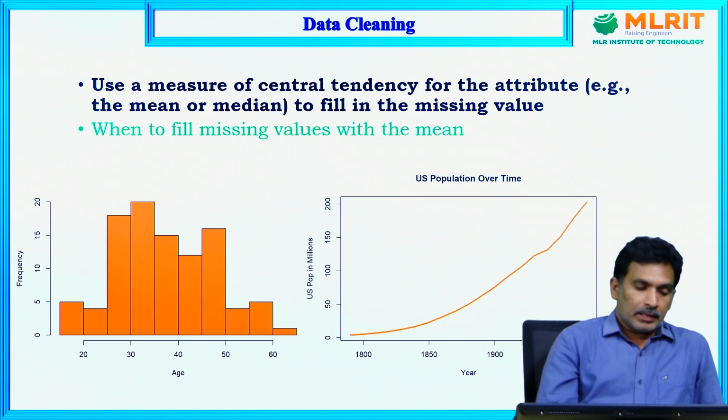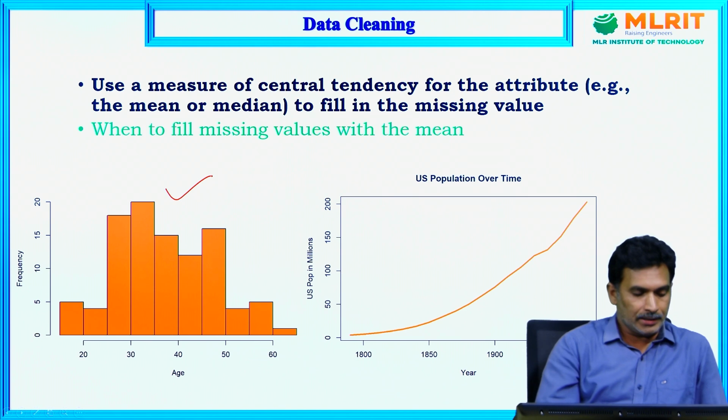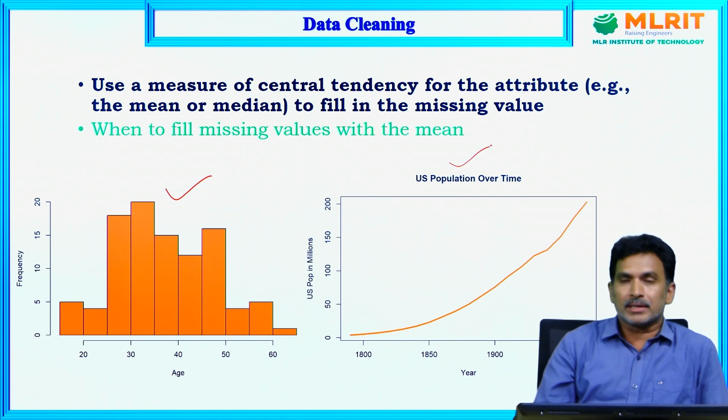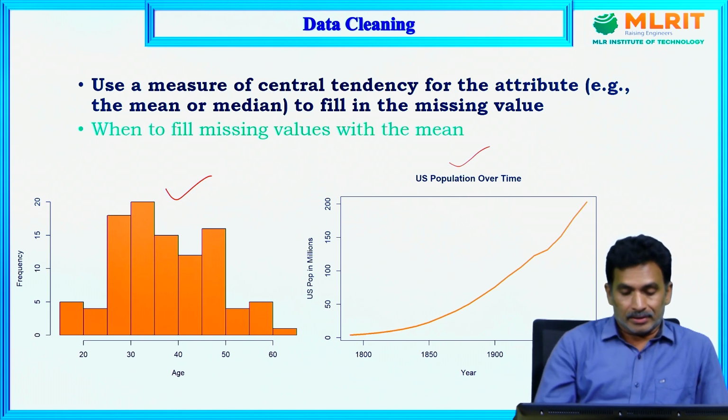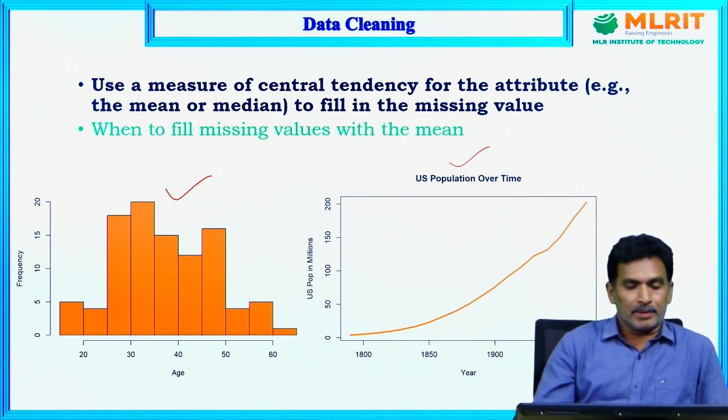And second, when the data is interval data, like age on the left of this one, and this one is continuous data. If your data is interval and also continuous, it would also be recommendable to use the measures of central tendency to fill the missing values.